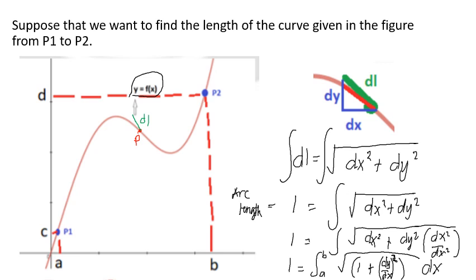Let's say a is your lower limit and b is your upper limit. So this is the formula. I'll rewrite it again. Length is equal to the integration of the square root of 1 plus quantity dy all over dx quantity squared dx from a to b. So this is how you solve for the length of the curve. This is one of the formulas of getting the length of the curve.